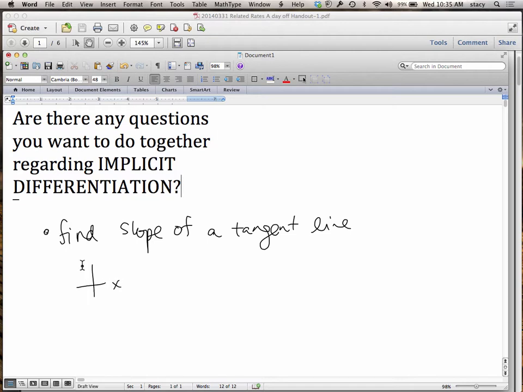So if you have x here and y here, and you want to talk about the slope of a line, well, the slope has to be changes in y over changes in x, right? So that automatically tells you that if you're looking for the slope of a tangent line, you're going to be looking for the rate of change of y with respect to x because of this background information, okay?